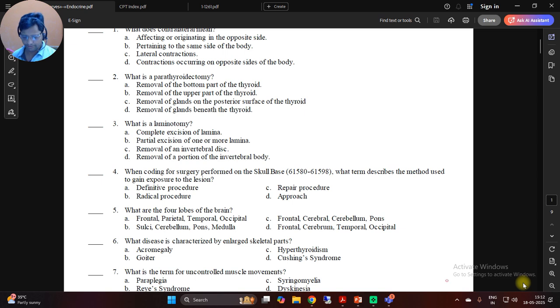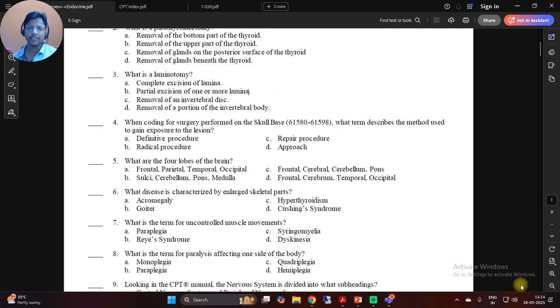What is carpectomy? Take 2 minutes and tell the answer.